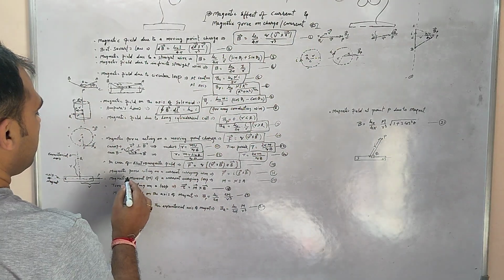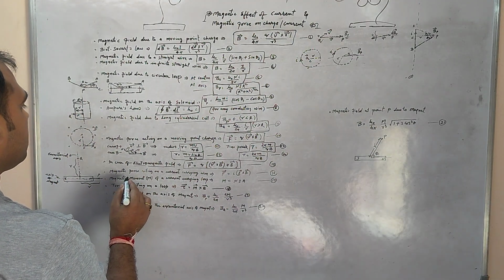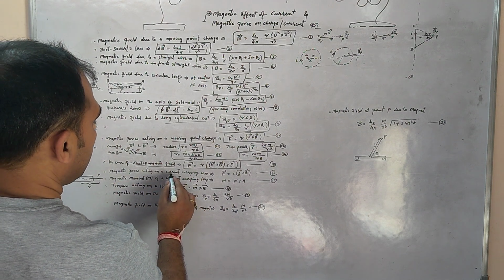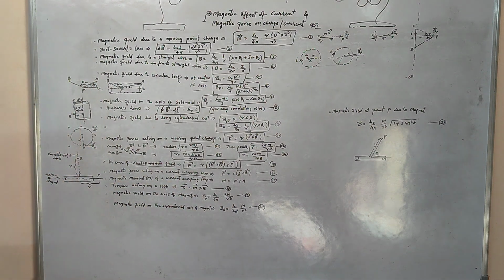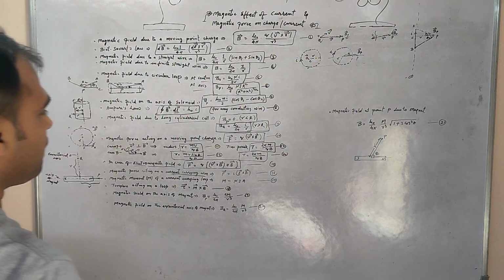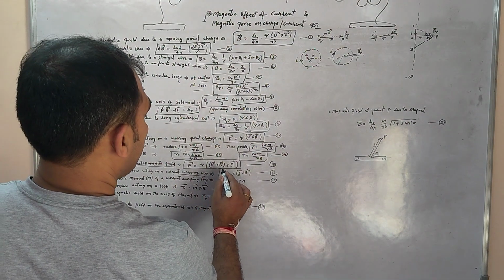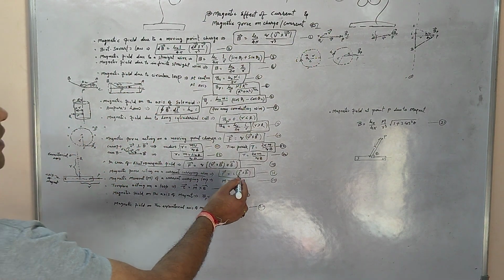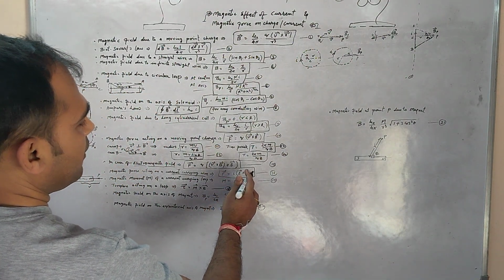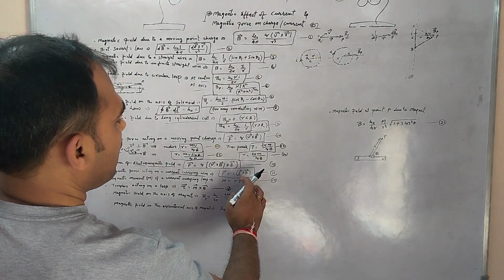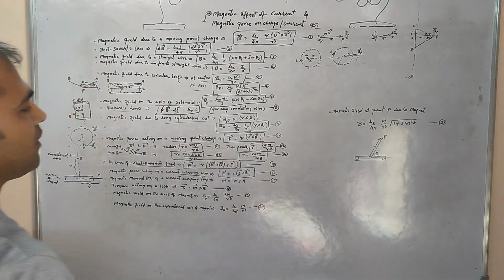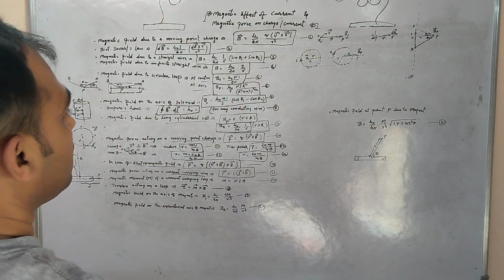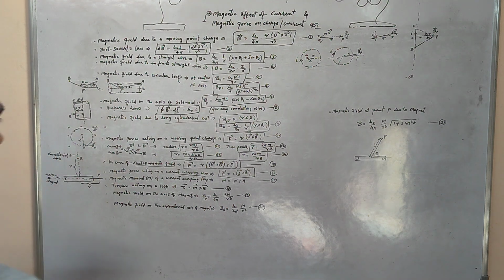Again, magnetic force acting on a current carrying wire. Now the magnetic force on a current carrying wire will be equal to I L cross B.